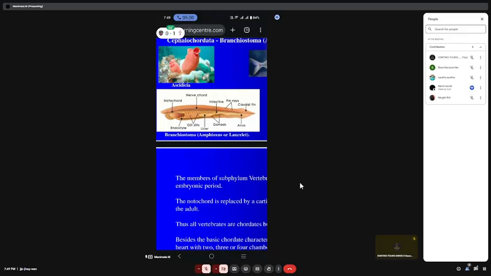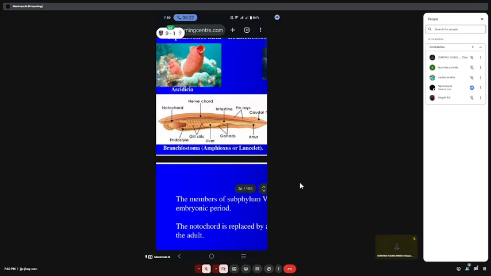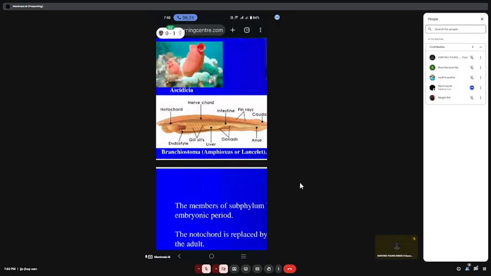So tail bearing animals come under Urochordata, and head bearing animals come under Cephalochordata. The example is Branchiostoma. These animals also live mostly in the marine. The body of these animals is very small and fish like. Cephalochordata is often also called as what?